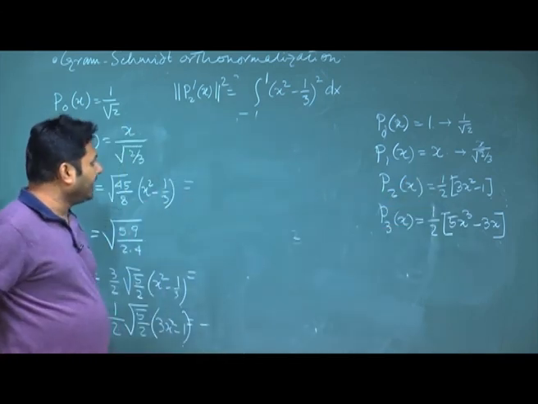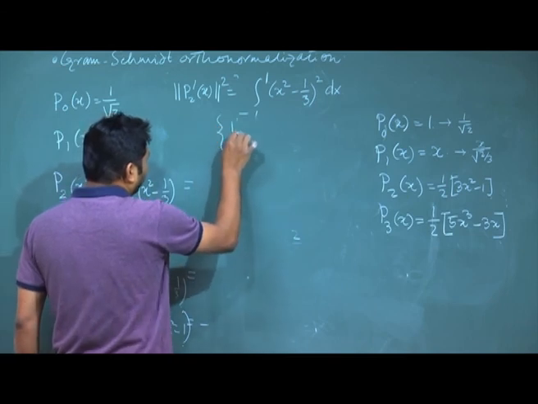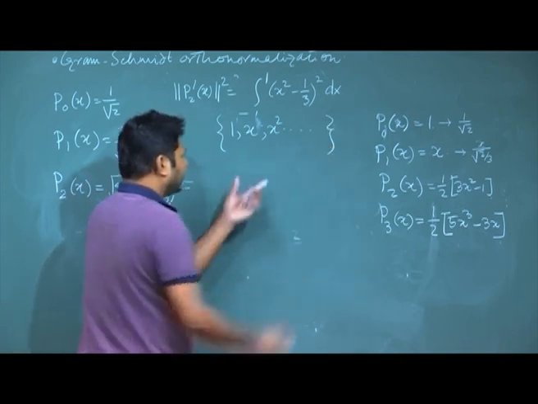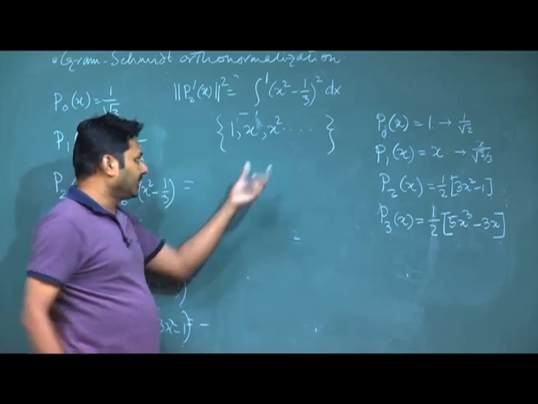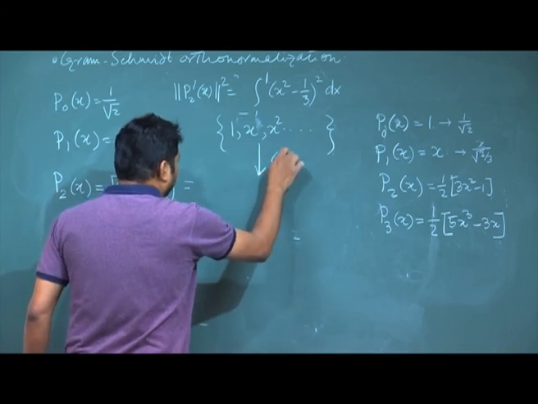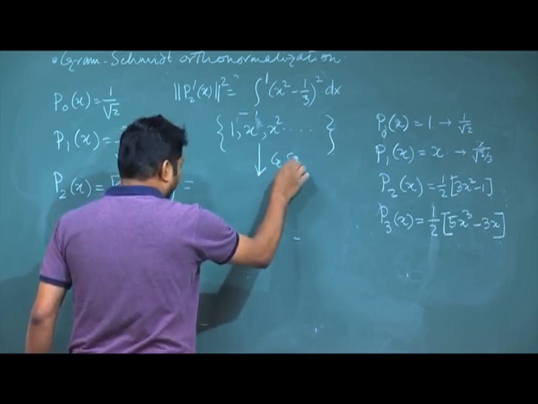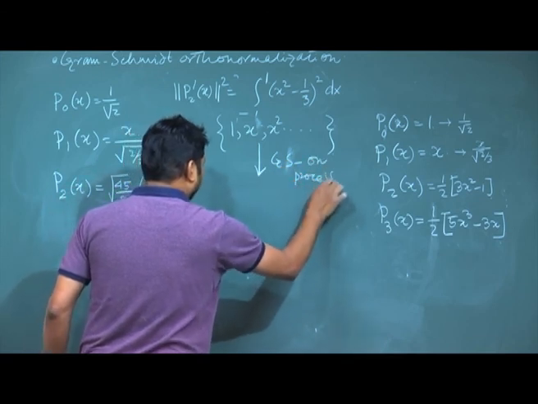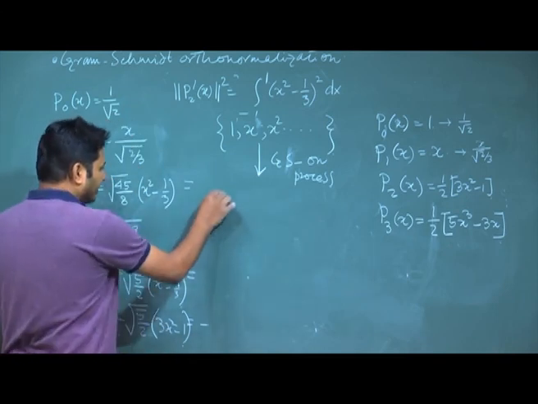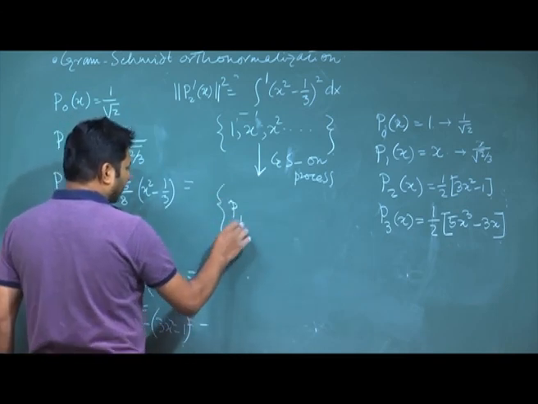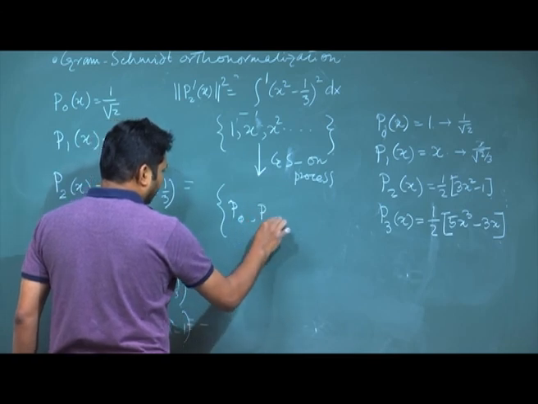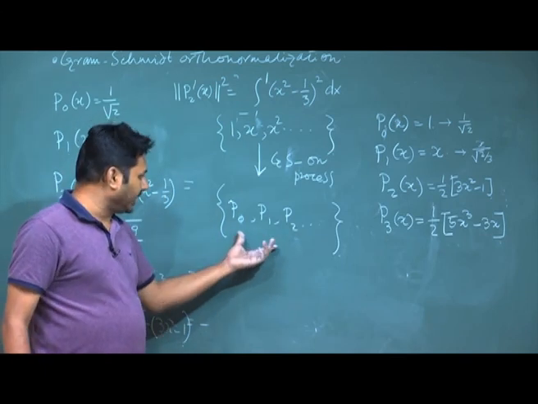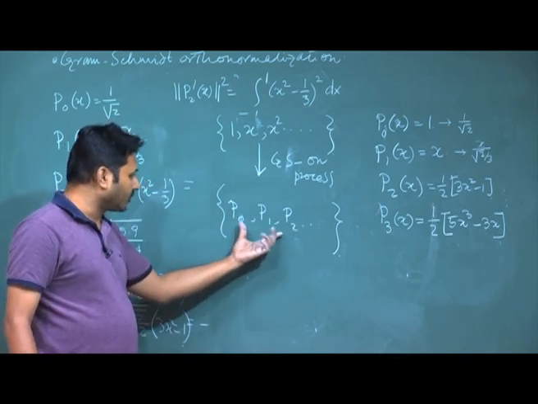The point is that if a set of vectors, a set of functions, which are linearly independent of each other, is given to you, then by using the Gram-Schmidt orthonormalization process, I can have a set of functions P0, P1, P2, which are orthogonal to each other.